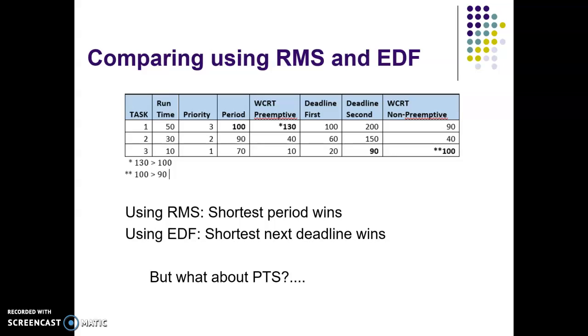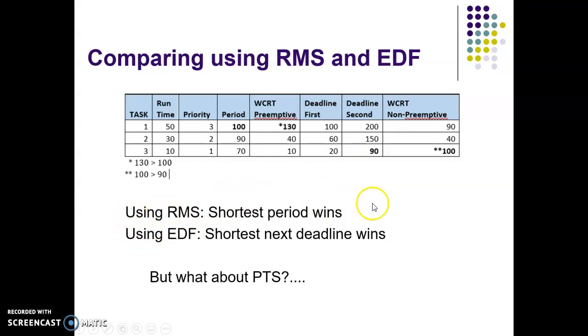And under EDF, task 3, we have a worst case response time of 100, which has passed a deadline of 90. So basically, in RMS, the period is the deadline. And we see 130 is greater than 100. And also over here, we see 100 is greater than 90. So that's where the lateness factor comes in.